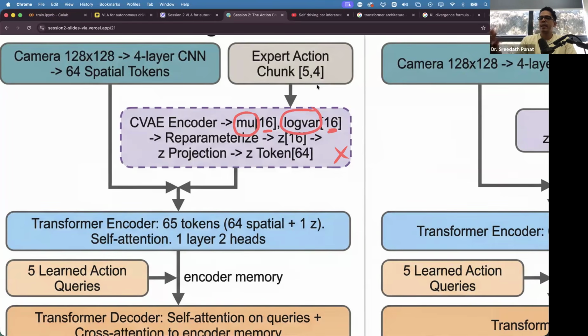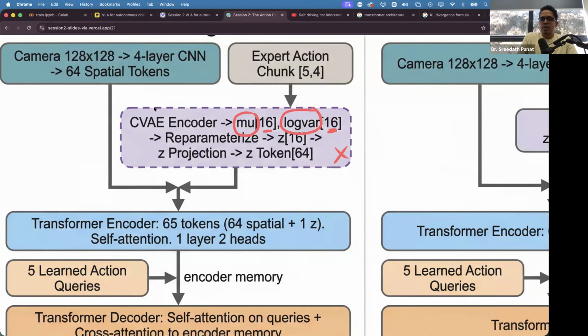But logarithm of variance can be negative also. So instead of predicting variance, it's very natural for a neural network to predict logarithm of variance, because when a neural network makes a prediction, we cannot force it to just produce positive numbers. It can produce negative also. So for the purposes of gradient descent, etc., it's better to predict logarithm of variance. And if we need variance, we can just take an exponent of this.